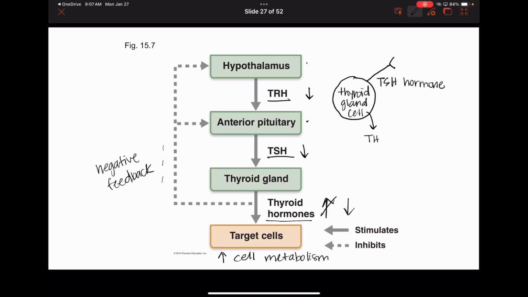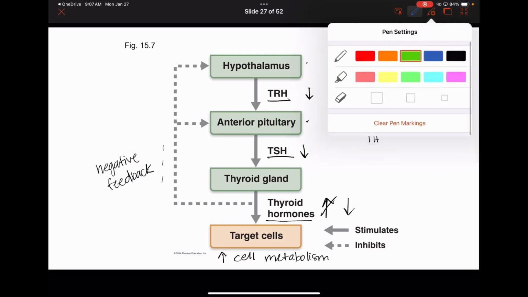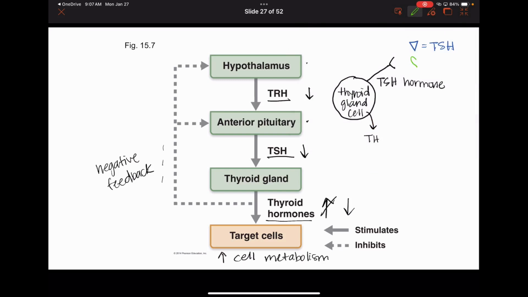So let's say this guy right here is thyroid stimulating hormone. But let's say we have a mimic that can also fit in that receptor. And this is our antibody-like protein. You can also refer to it as a TSH mimic.